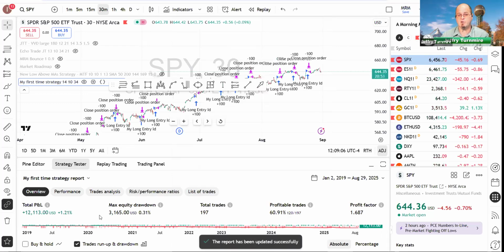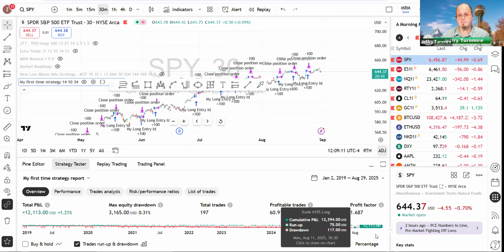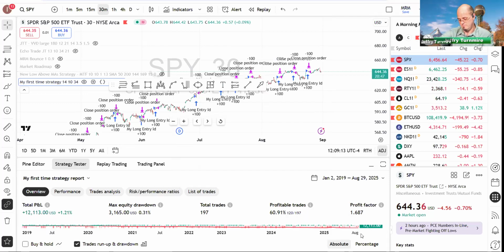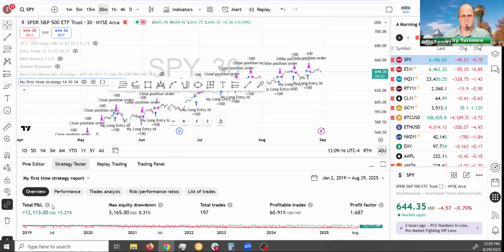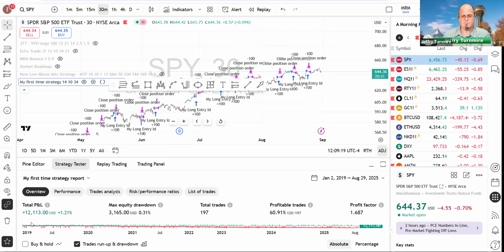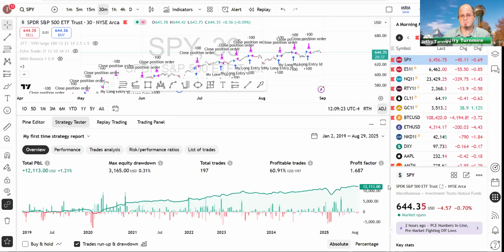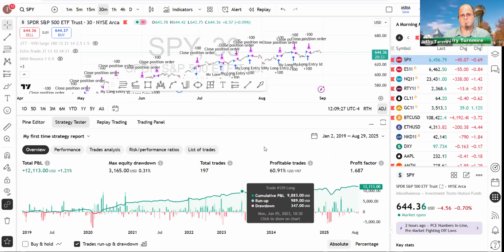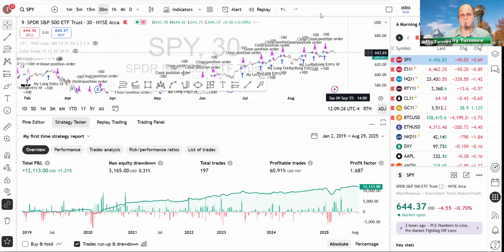Now, if you bought 100 shares of SPY every time this fired off from 2019 through August 29th, 2025, you'd be up $12,000. Is that worth it? I don't know. That's basically a 68% upside. Not bad, but if you had just bought and held SPY through that whole time frame, maybe you would be up even more.